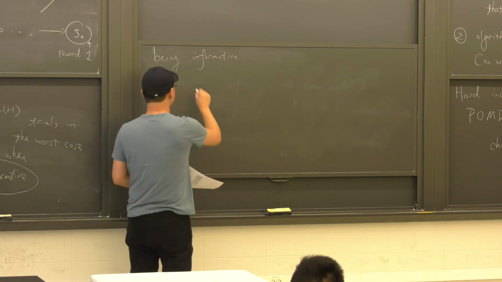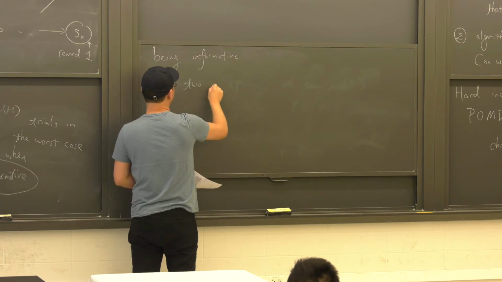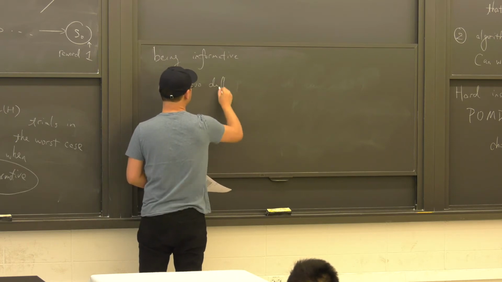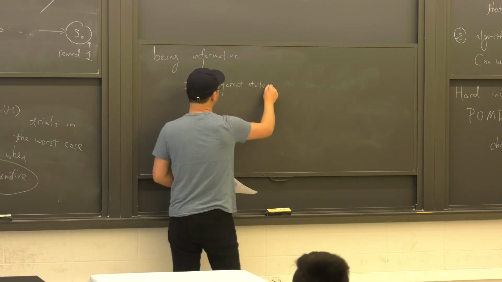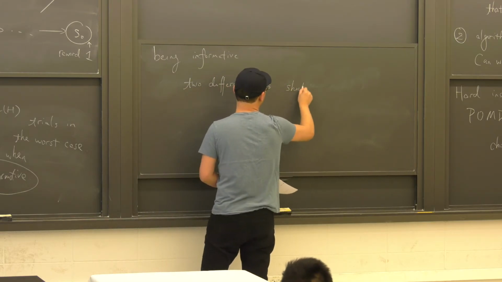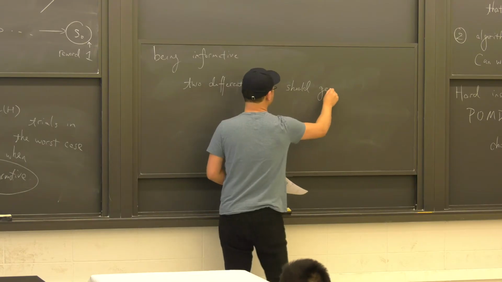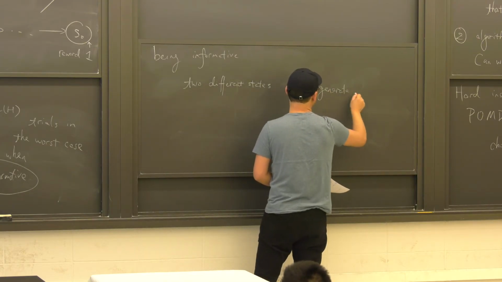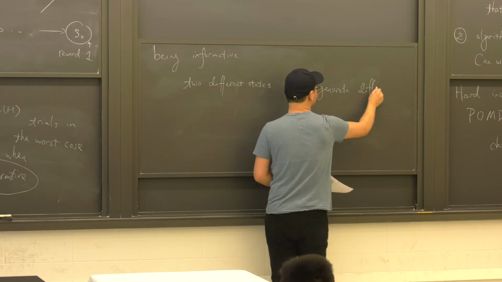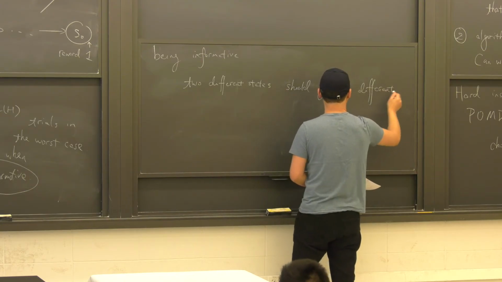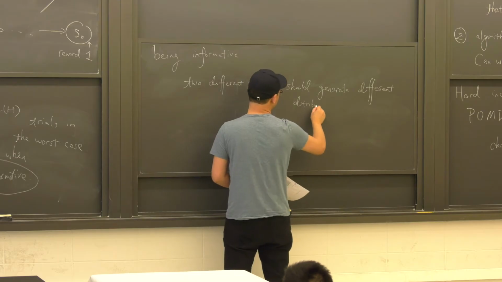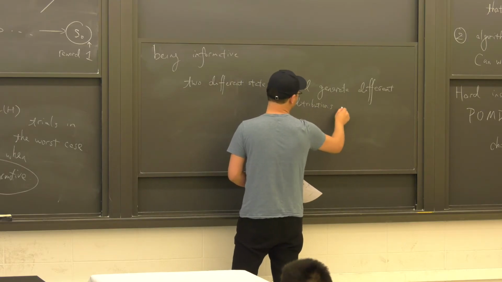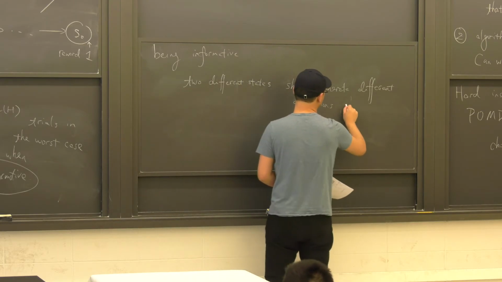Intuitively, we're saying two different states should generate different distributions over observations.